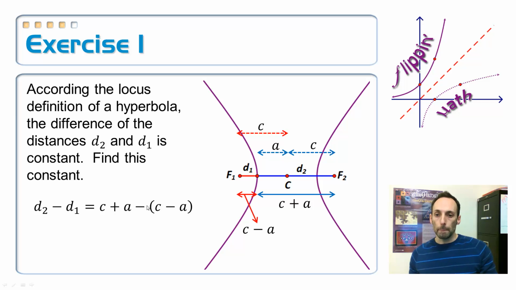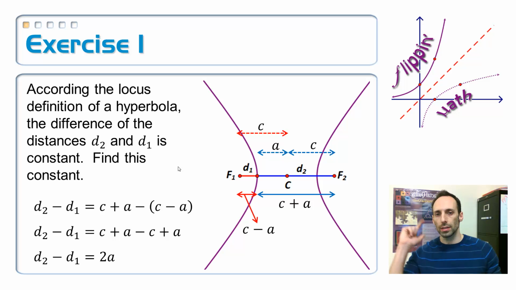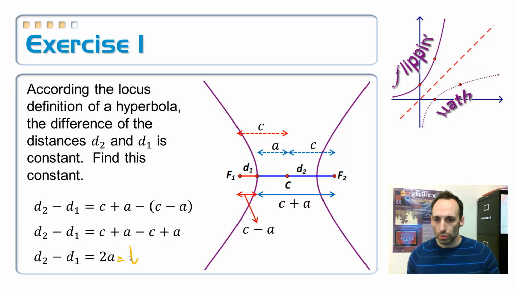And then minus d1, which is c minus a, so substitute that in its place. Now distribute the negative sign through those parentheses. The c's are going to cancel, but the a's are going to add up. So d2 minus d1 has got to be equal to 2a, and 2a is the length of the transverse axis.